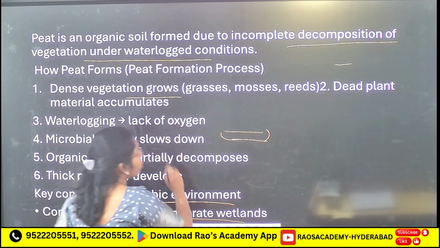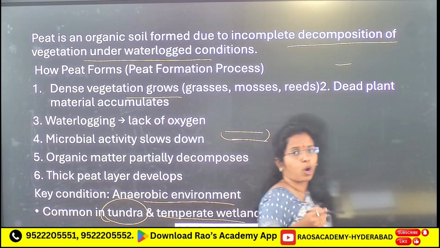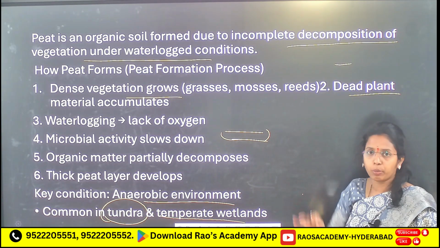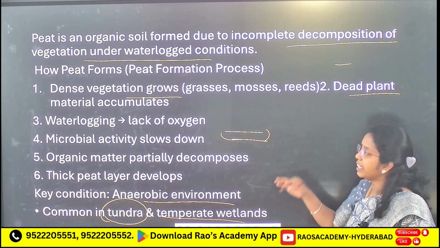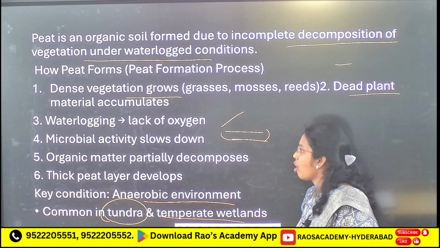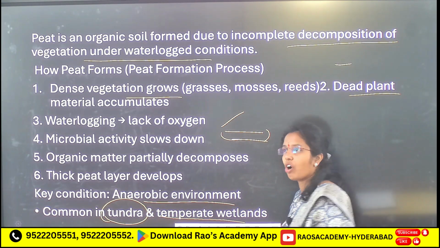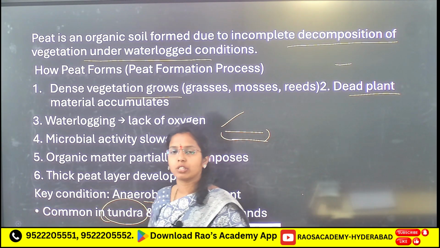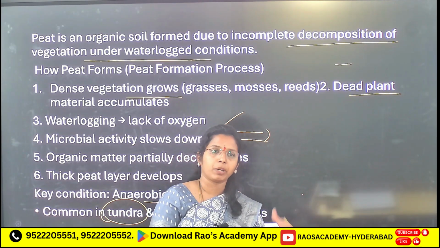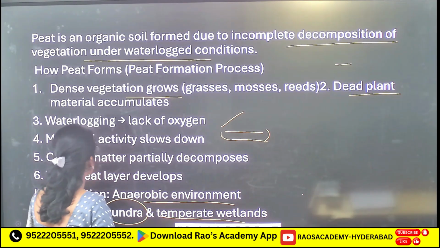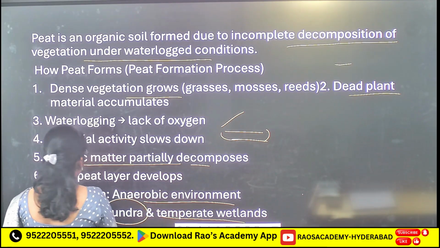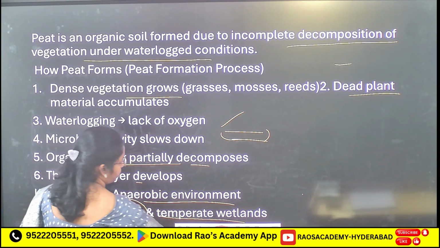Dense vegetation grows, grasses, mosses, all those things grow, dead plant material accumulates. After that waterlogging, you will see lack of oxygen. Because of the lack of oxygen, microbial activity slows down. So incomplete decomposition happens. Because of that incomplete decomposition, you will see peat formation. Organic matter partially decomposes. Thick peat develops.